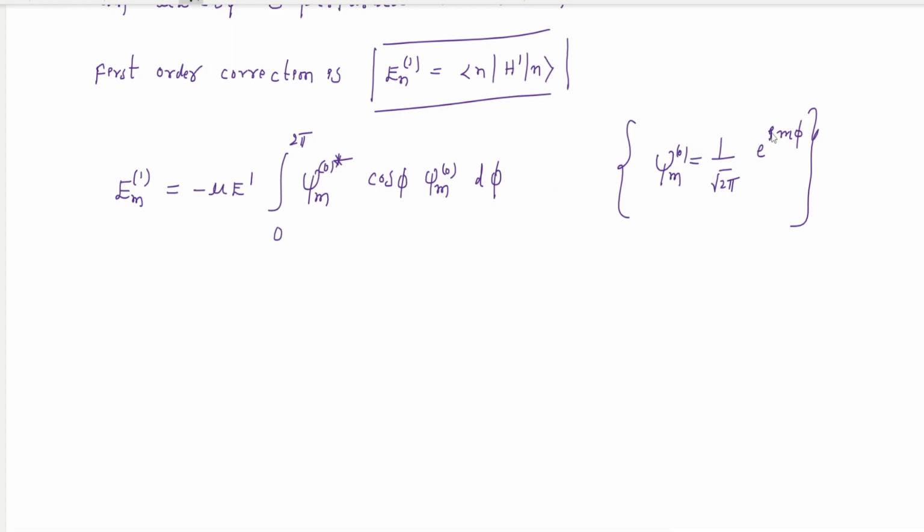Here, if you apply the complex conjugate, we get minus here, right? So after substituting this wave function here, we get e prime divided by root 2 pi times root 2 pi, the integral from 0 to 2 pi of e power minus i m phi cos phi e power i m phi d phi.